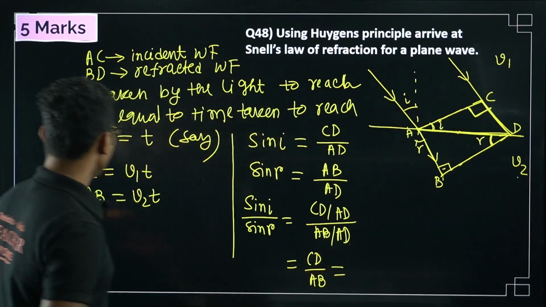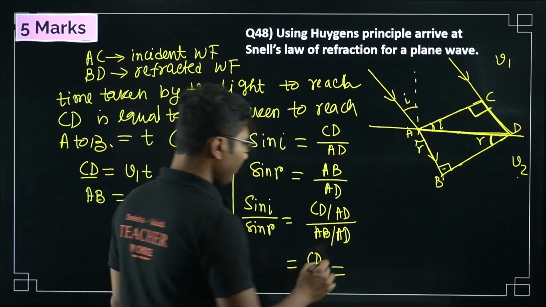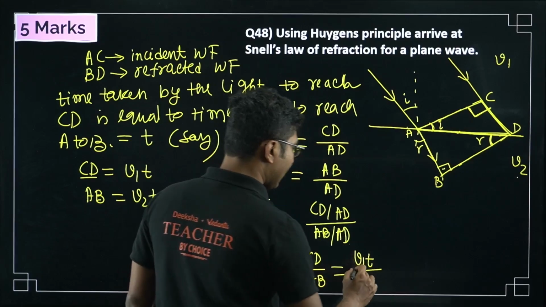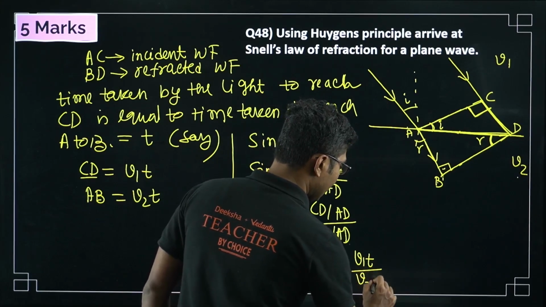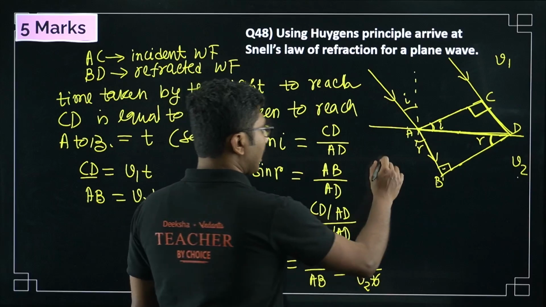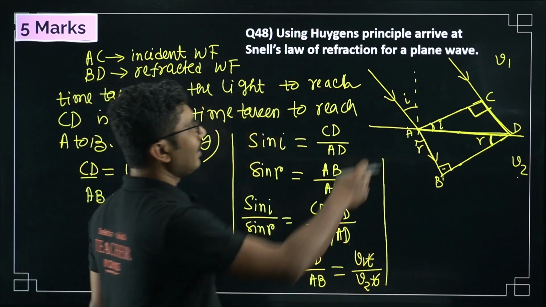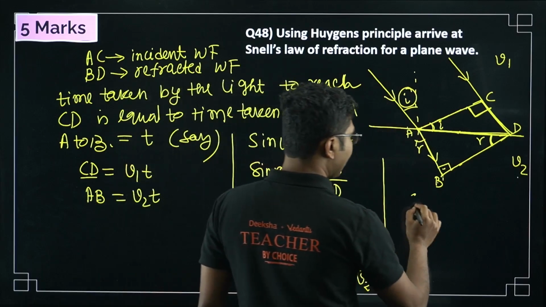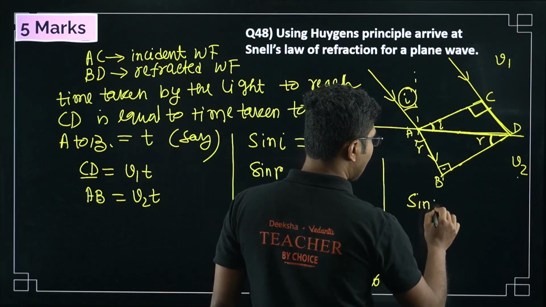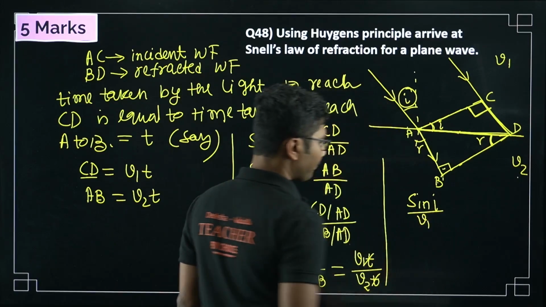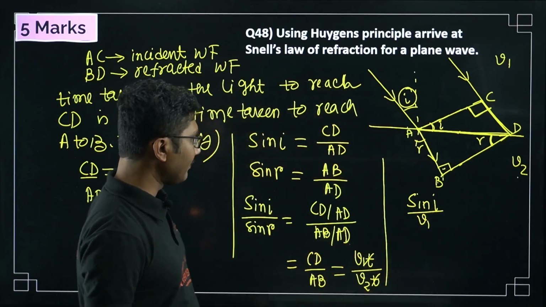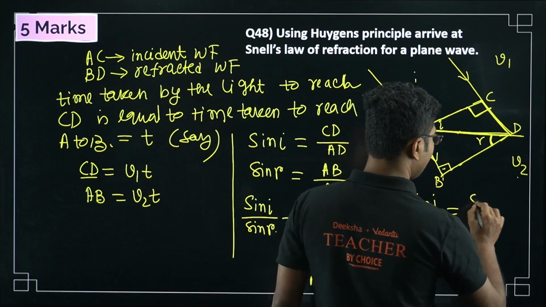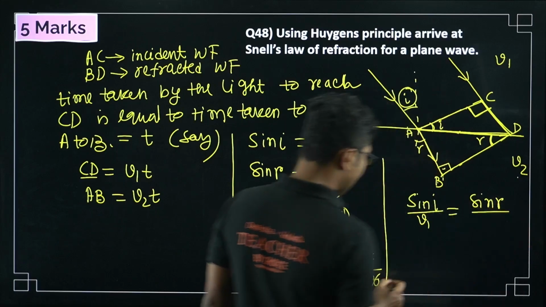Now what is CD? We have already calculated. CD is V1T. And what is AB? AB is V2T. So T cancels. Now V1 is in the first medium, that is where I is. So what we will do, we will bring V1 with sin I. So it will be sin I by V1. Okay, V1 was here, so it will come to the other side, and this will cross multiply sin R, and this will be staying with V2.